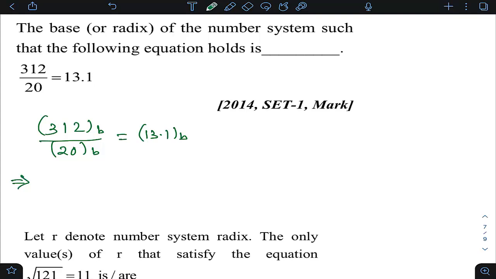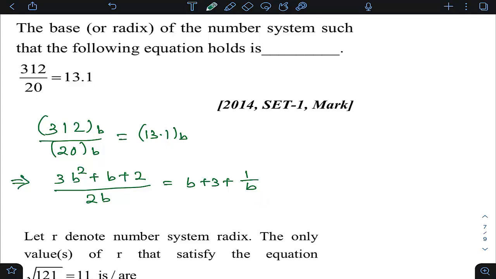If I do it, you get 3b square plus 1 into b plus 2 into b power 0 is 2, divided by 2b plus 0, is equal to b power 1 into 1 is b, b power 0 into 3 is 3, plus 1 into b power minus 1 is 1 by b.